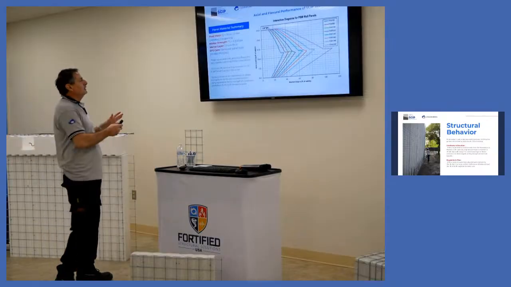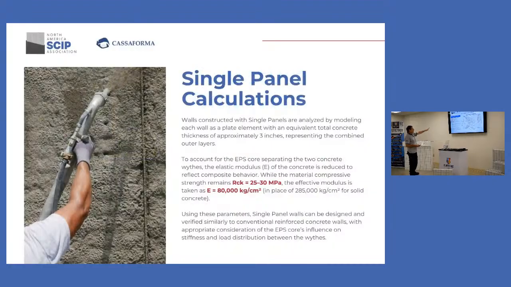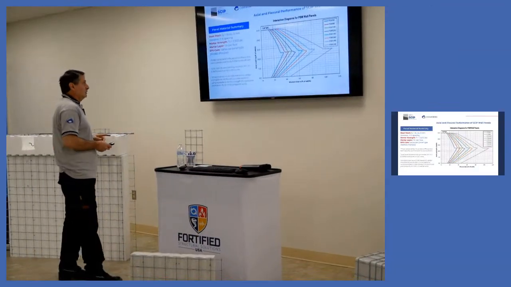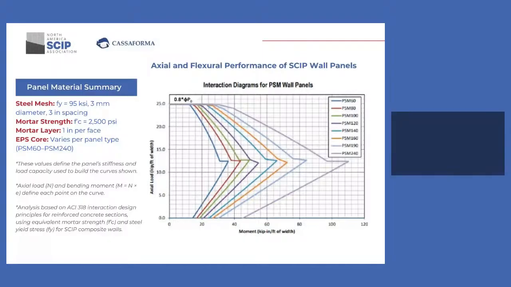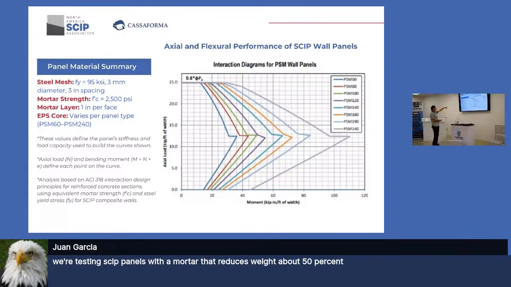Here, what you can see is the capacity we are speaking about right now. Generally speaking, we are probably over 100 KSI of capacity of the steel. Usually we use three, and the layer is a little bit more: 1 inch over the face.